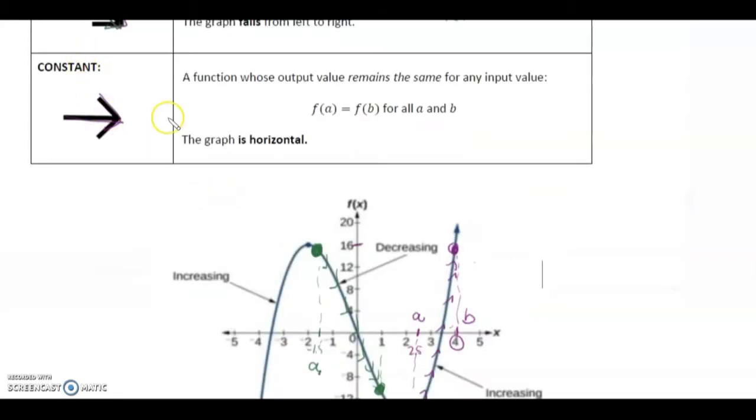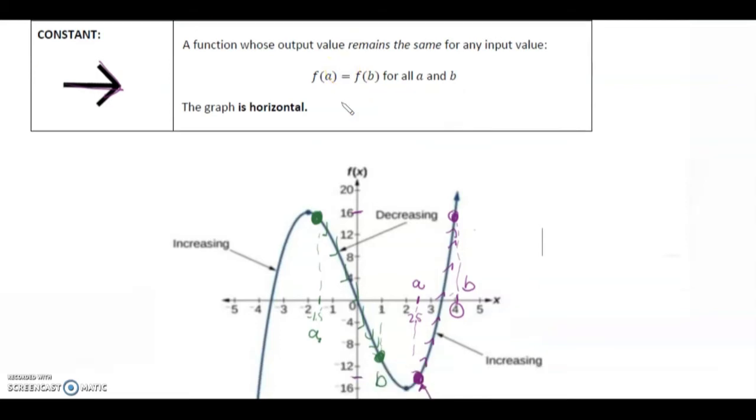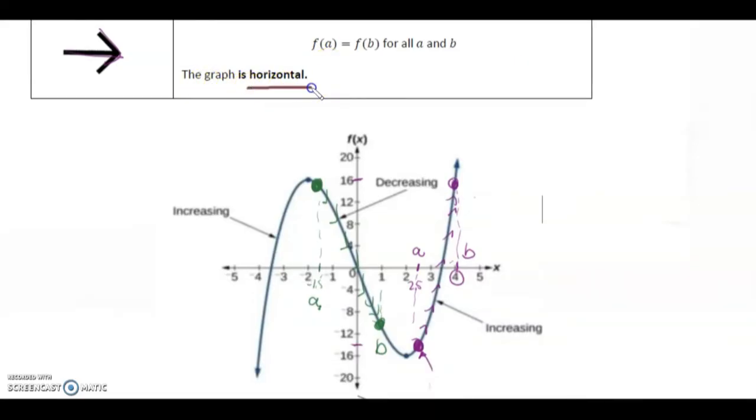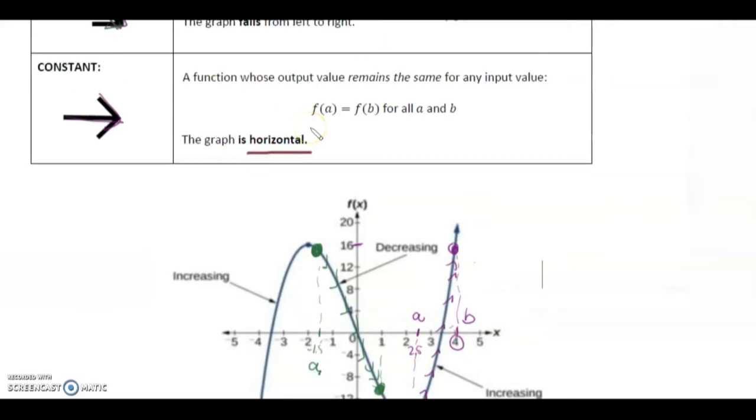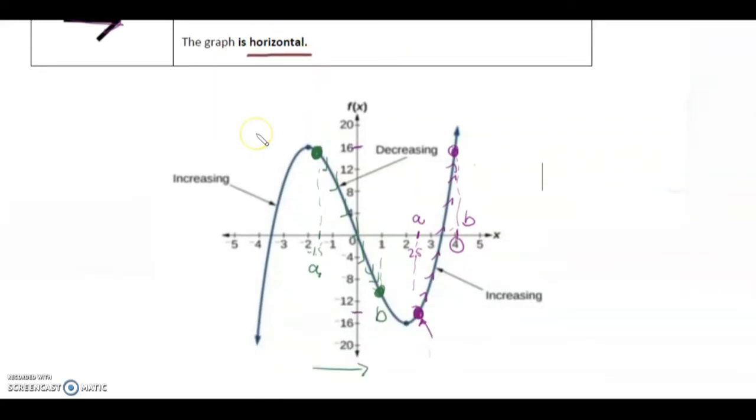And then constant, a function whose output value remains the same for any input value. So f at A equals f at B. This is when the graph is horizontal. We do not have an example of that here, but let's just make an example. Say this is going to be at 12, and this is going to be at, I don't know, 5.5.